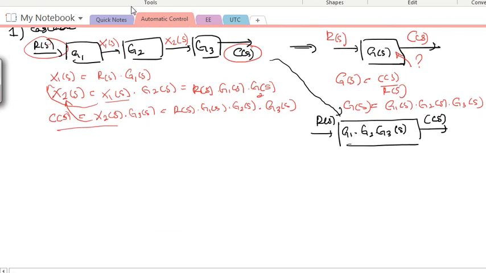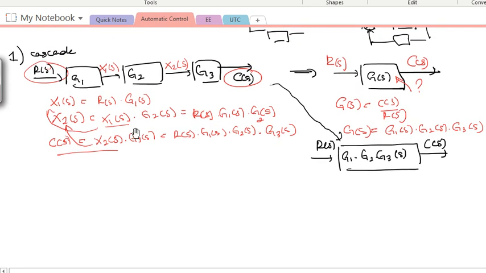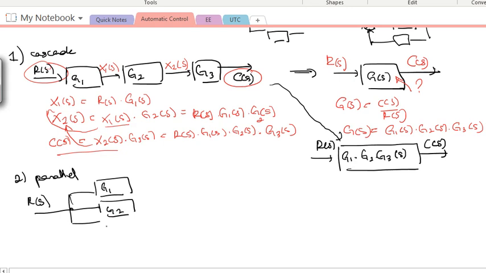So now let's go and have a look at what if we have a parallel transfer function, right? A parallel transfer function, we've seen before. A parallel transfer function is when you have one single input, and then at a pick-off point, it is separated into, let's say, three parts, and then it's multiplied by three functions, G1, G2, and G3.